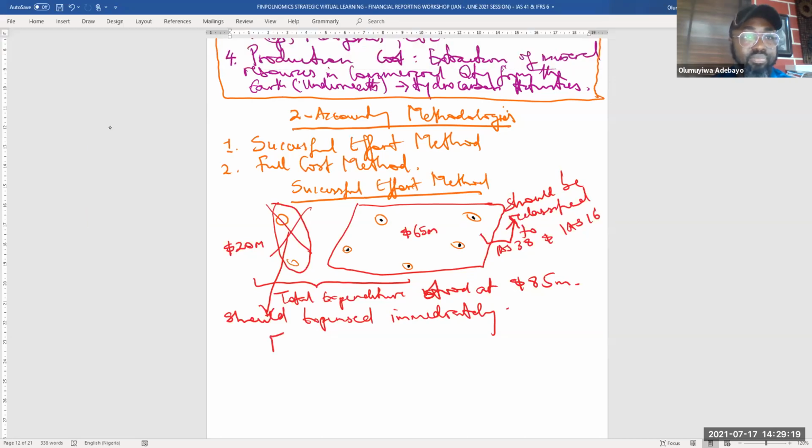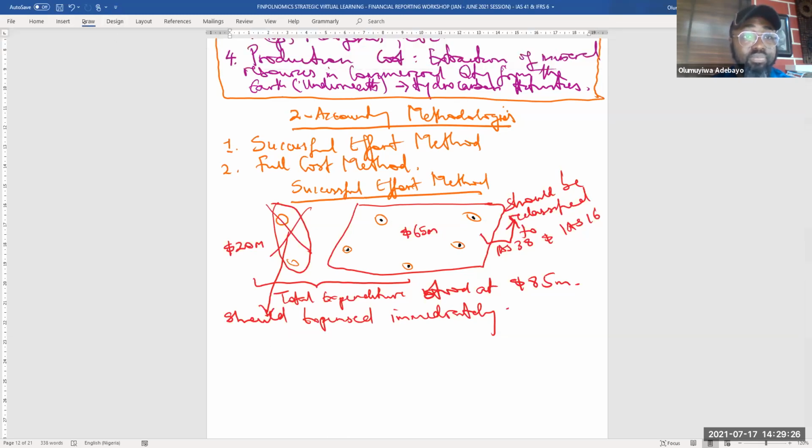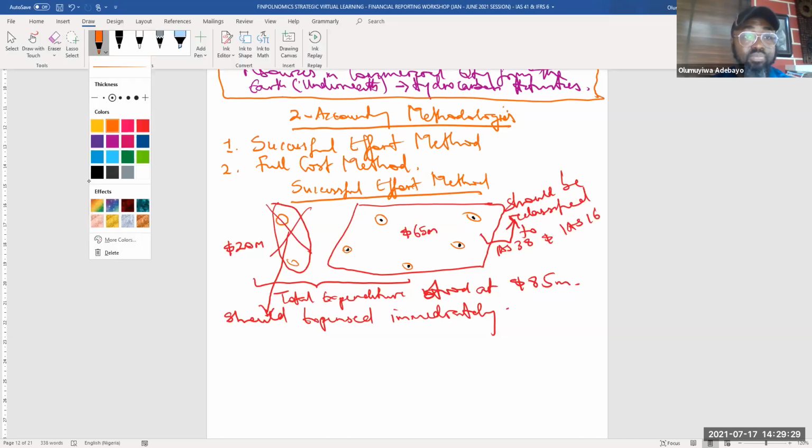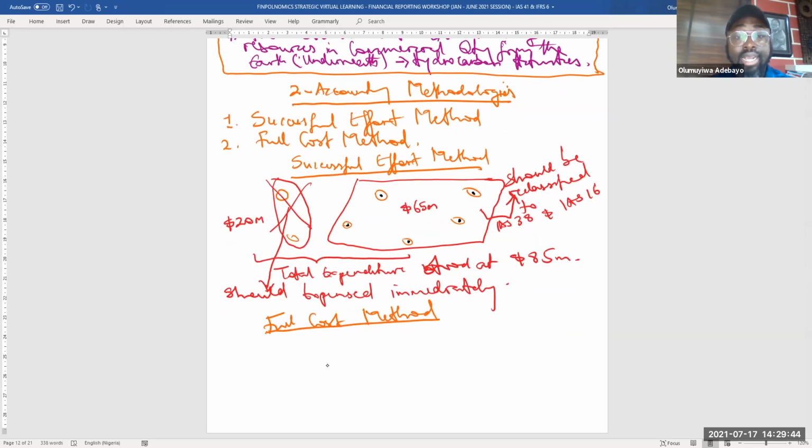The full cost method is saying that, no, these 20 million attributable to unsuccessful field are integral to this 65 million that are successful, because this is a venture that is highly uncertain, where you cannot with any degree of precision determine what it is.